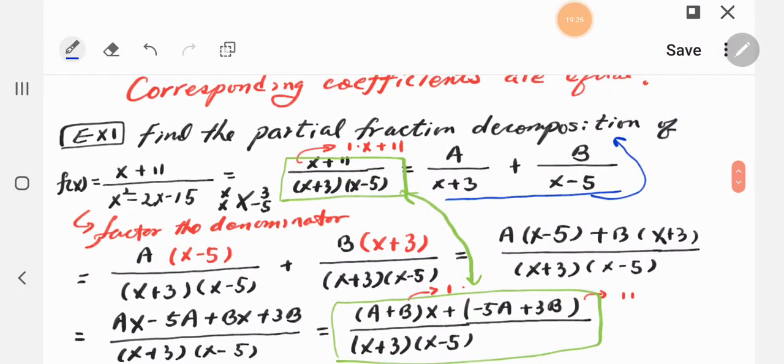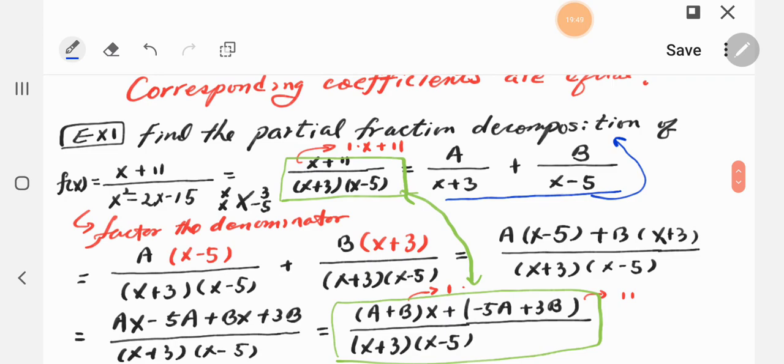Using case 1, 2, 3, or 4, factor the denominator, and once you factor the denominator, make fractions using each factor in the denominator, and then the numerator has constant values in this case.